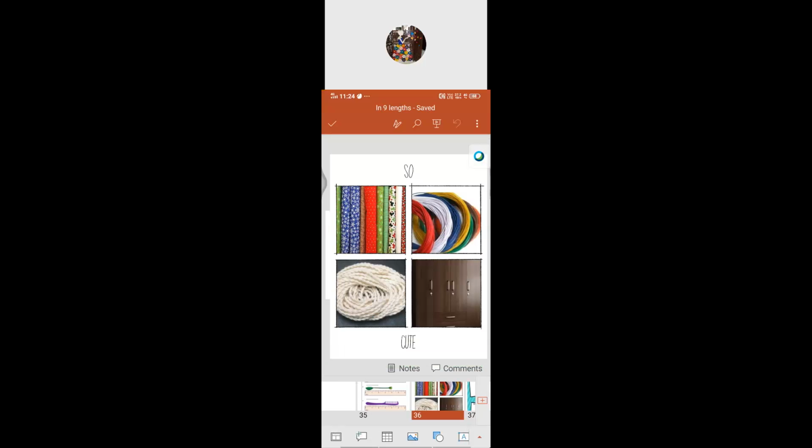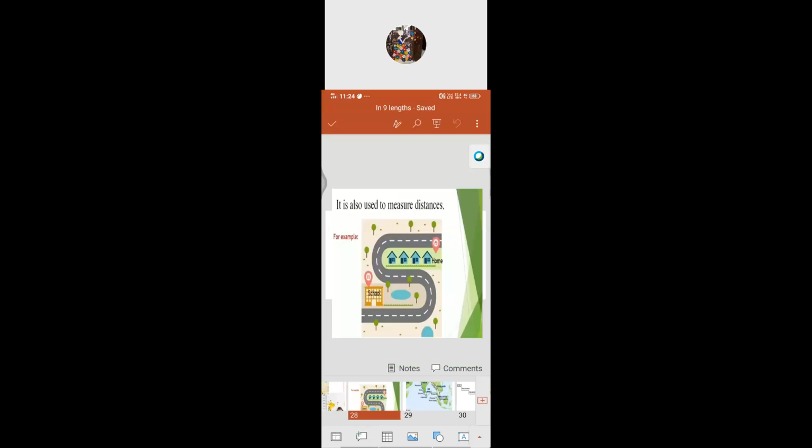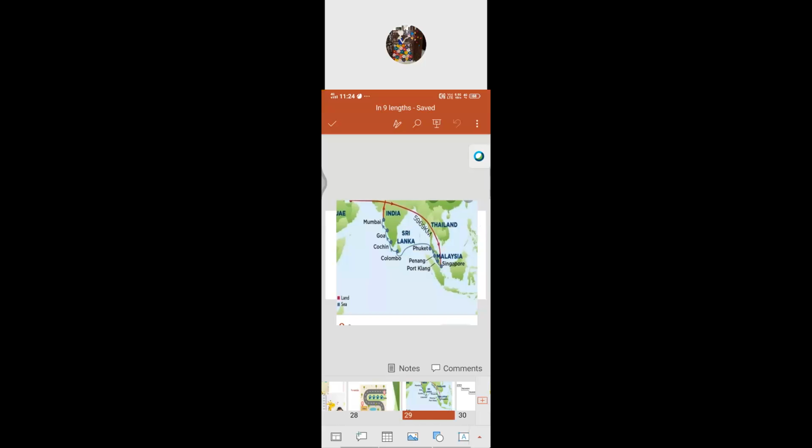Kilometer, ma'am. Very good. To measure distance, we should use kilometers. Distance between two cities as well as two countries. That part you have seen.